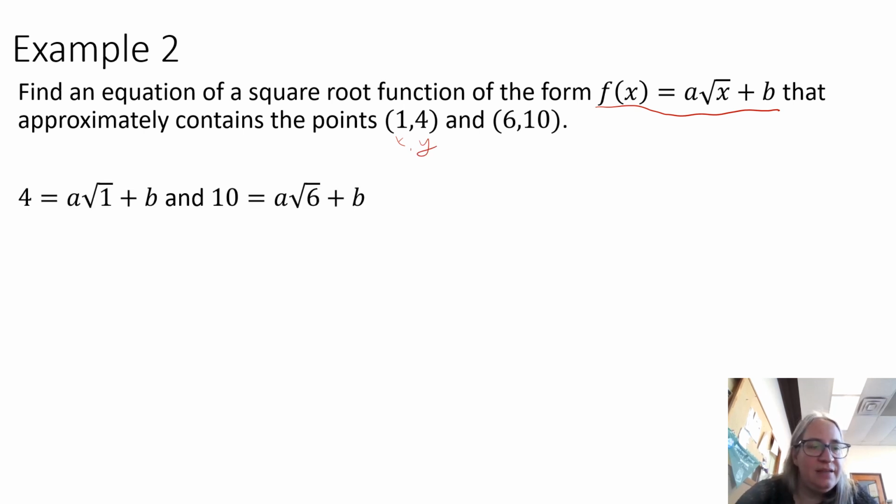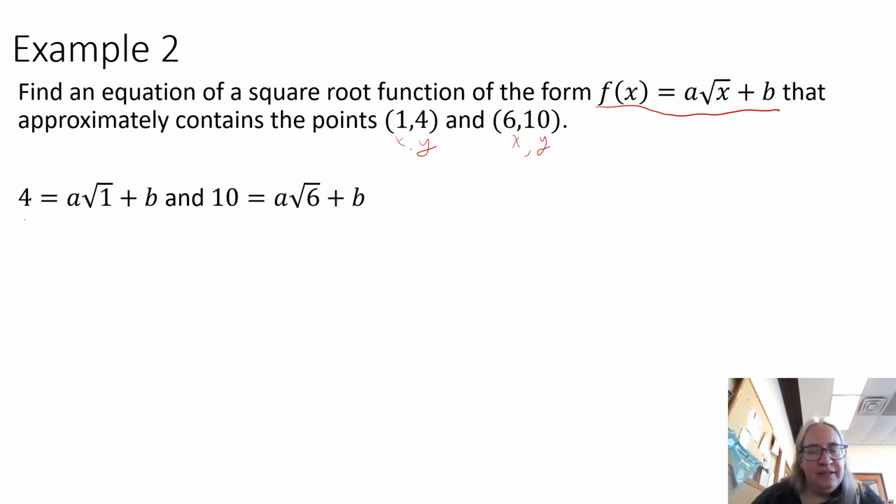So 1 is my x, 4 is my y, or f of x. But then simultaneously, because I'm going to need them both at once to play off each other, I went ahead and plugged 6 in for x and 10 in for y in a second copy of the equation. So now I've got 10 equals a root 6 plus b.